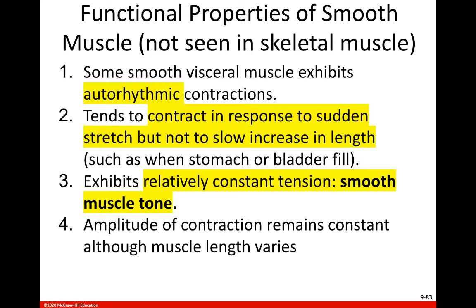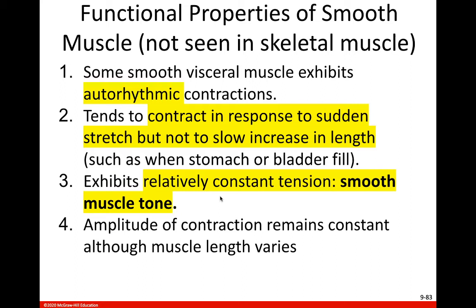You don't start getting that autorhythmic contraction, and oh, you've got to go to the bathroom, okay? A slow stretch does not stimulate the contraction of the muscle, but a sudden stretch can stimulate the contraction of the smooth muscle.